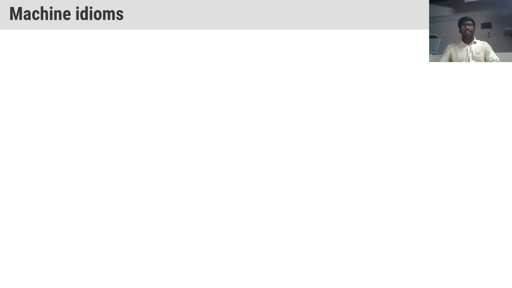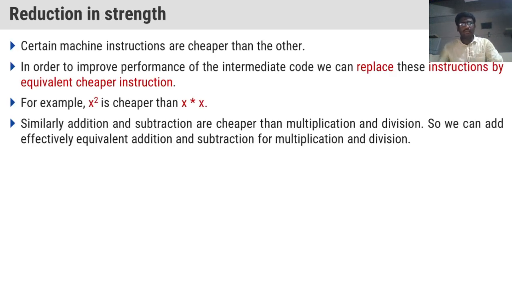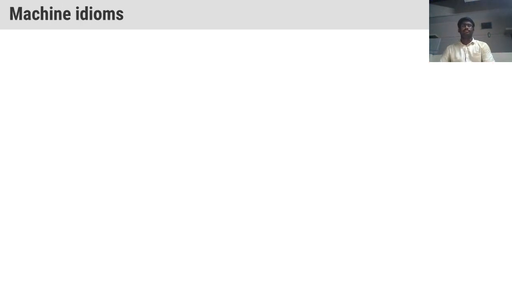Similarly, addition and subtraction are cheaper than multiplication and division. So reduction in strength means replacing instructions with cheaper ones to improve the performance of the code.